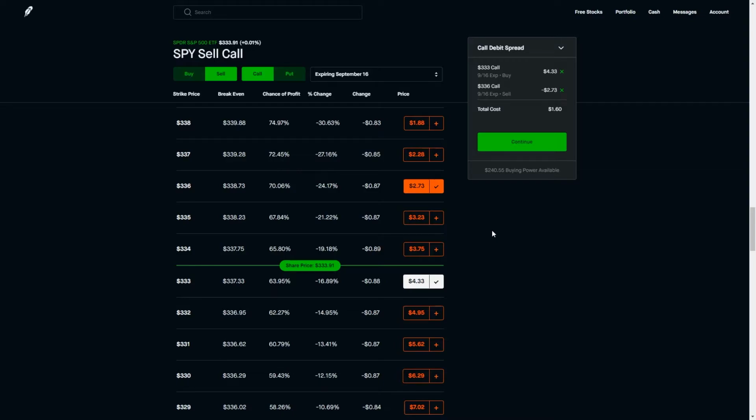Now, you won't see the max profit until the option expires in the money. So SPY has to close at $336 or higher on September 16th, but you don't have to wait until expiration to close your debit spread. You can close the spread at a profit. So let's say you make $100 profit.